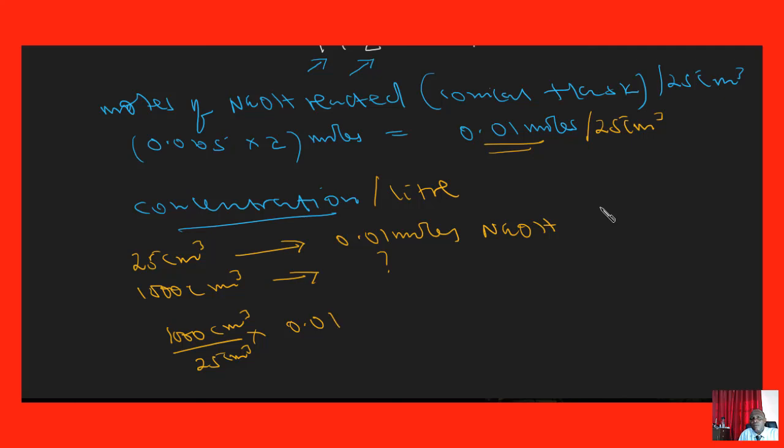So this is 1,000 centimeters cubed over 25 centimeters cubed, multiplied by 0.01, and the concentration now becomes: centimeter cubed cancels, so this becomes 10 divided by 25, and the number of moles becomes 0.4 M, which is the number of moles per liter.